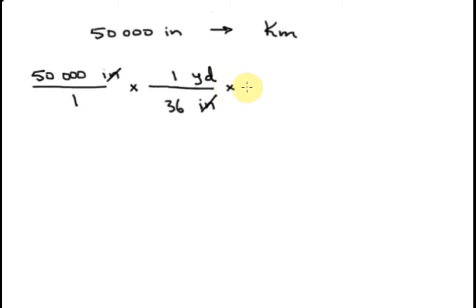So now I'm going to throw in another conversion factor that takes us out of yards and into miles. So this gets us out of yards and into miles. Now if I look it up, 1 mile on the formula sheet is the equivalent of 1,760 yards.